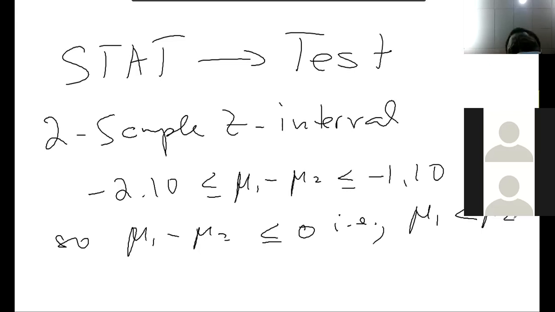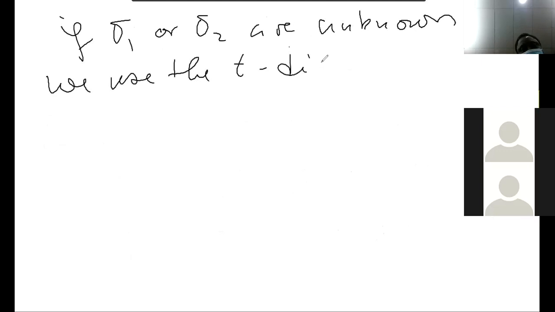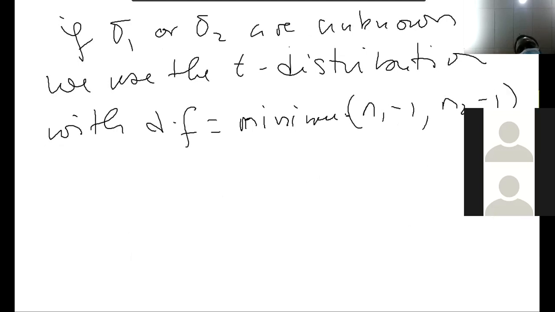The next thing we want to learn is, when do we use the T distribution? If sigma 1 or sigma 2 is unknown, we use the T distribution with degrees of freedom equal to the minimum of n1 minus 1 and n2 minus 1. Because we are using a calculator, this degree of freedom is no longer what we have on the calculator, because the calculator does a better calculation.